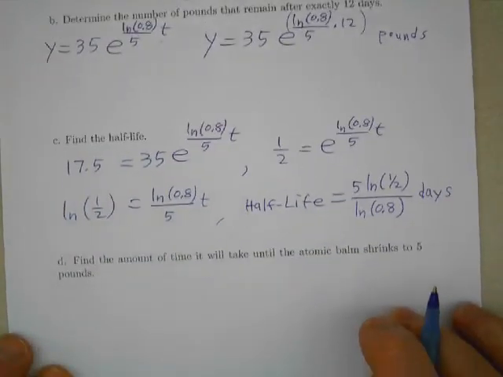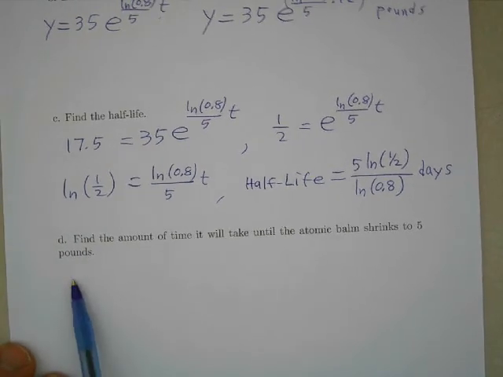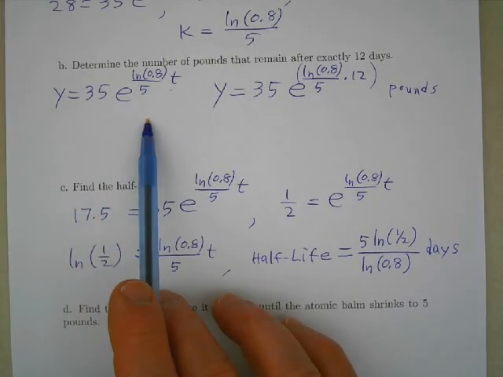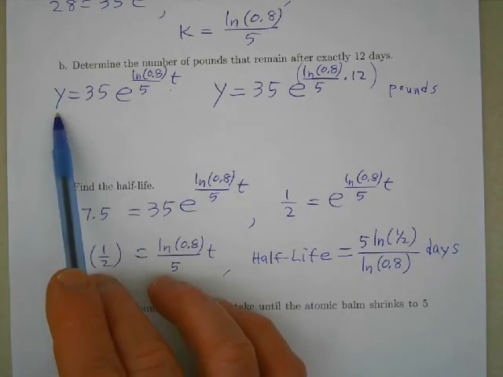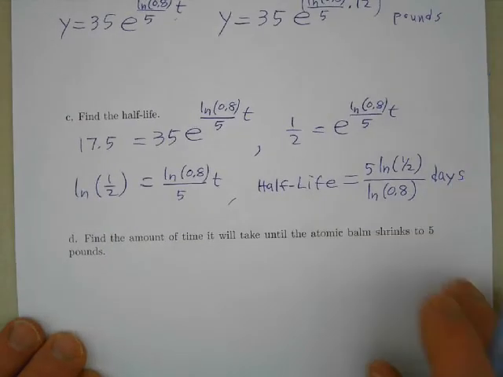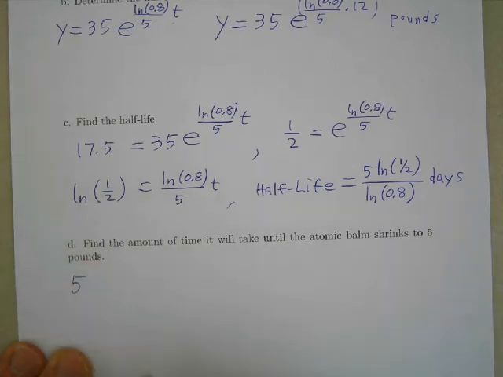Okay, find the amount of time it will take until the atomic bomb shrinks to 5 pounds. Okay, so we're still using the same function. But this time we're going to replace y with 5 and then solve for t. That will be the number of days it takes for that quantity to reduce to 5 pounds.